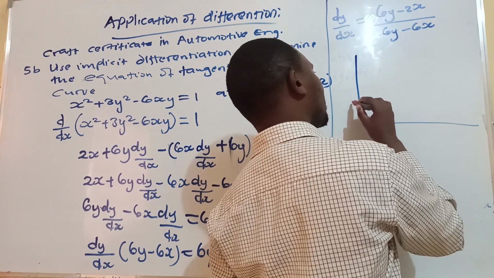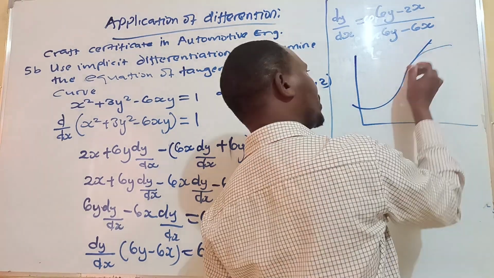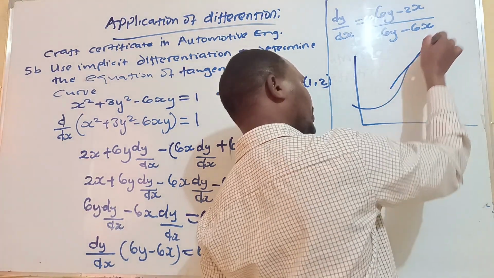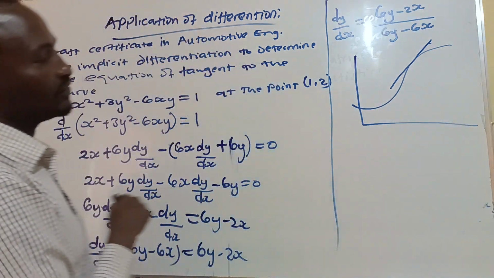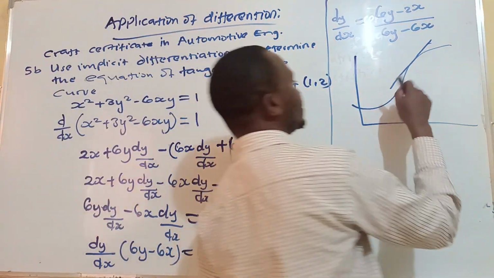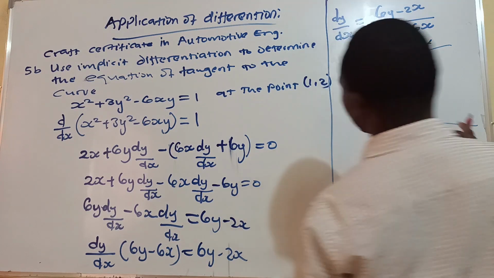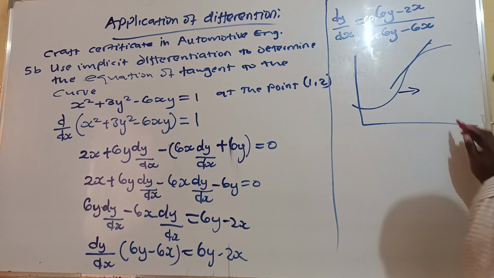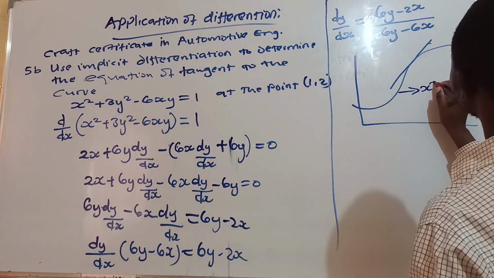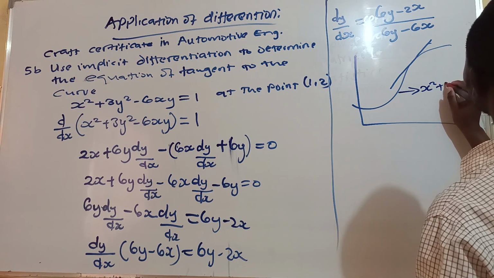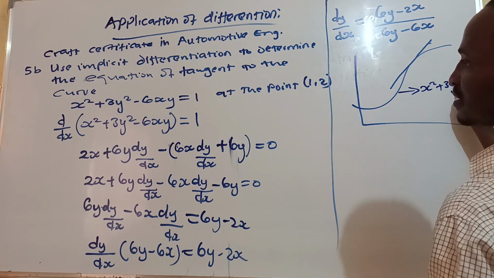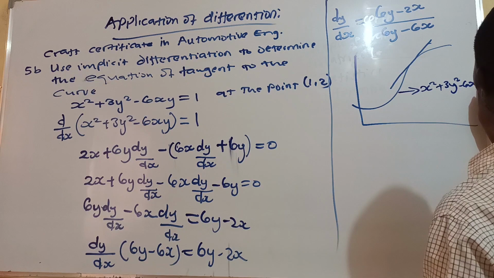So that is the derivative, and remember the derivative of a curve also represents the gradient of the curve. Like if you are told to get the gradient of the tangent to the curve, this is our curve, x squared plus 3y squared minus 6xy.